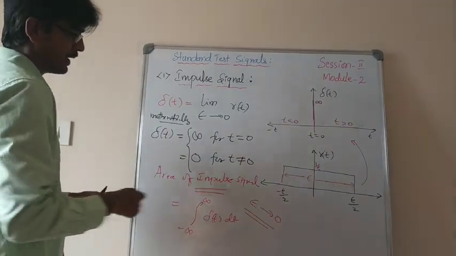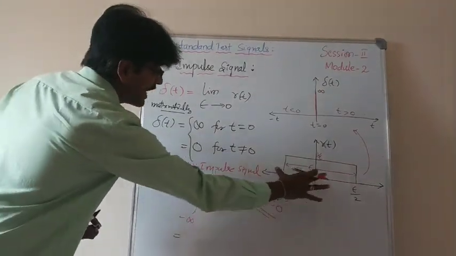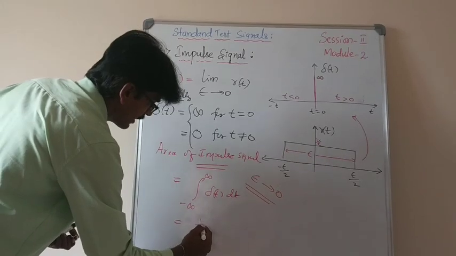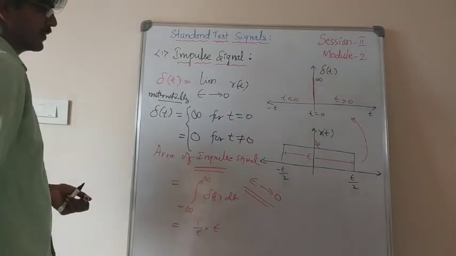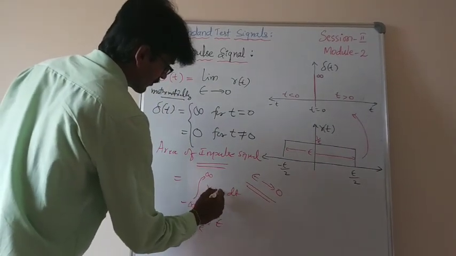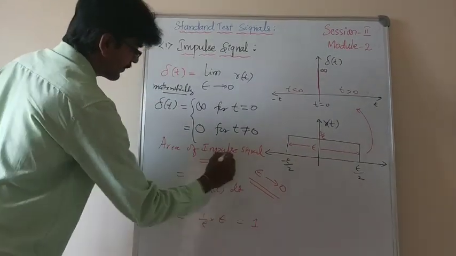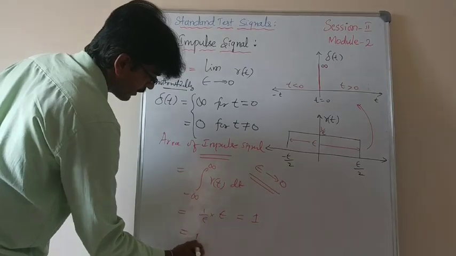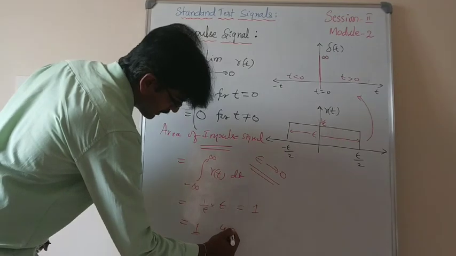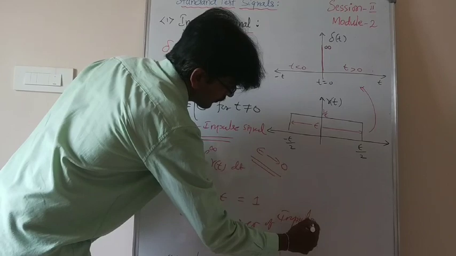Here the area is width into height, that is, 1 by epsilon multiplied by epsilon, where 1 by epsilon is r of t. So that is equal to 1. That is, the area of the impulse signal is always equal to 1. This is also called the weight of the impulse signal.